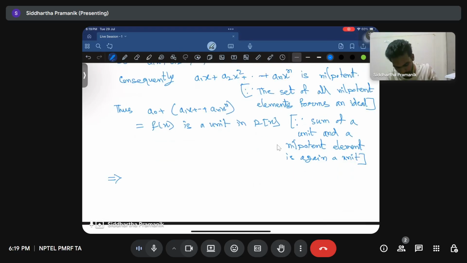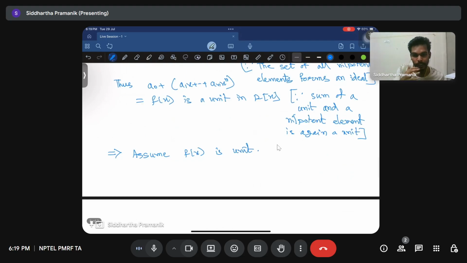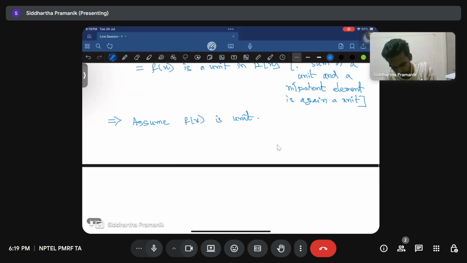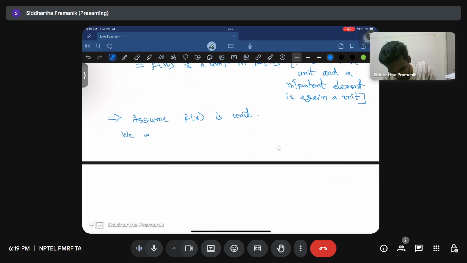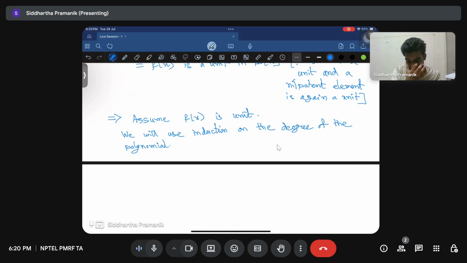For this, assume f(x) is a unit. We will use induction on the degree of the polynomial. Let's see how to do this.